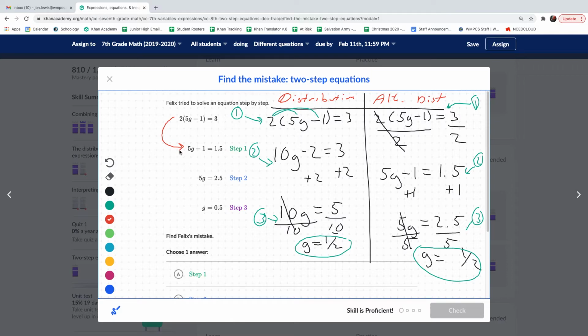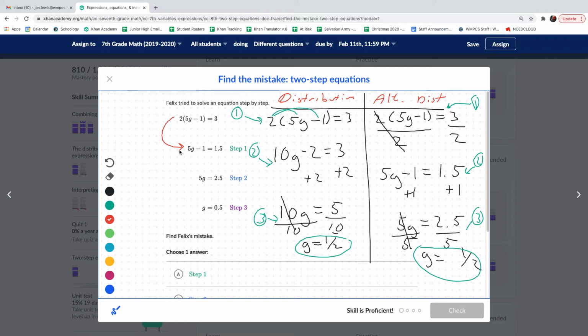And if we look at what we've done, he does do that. Notice his step, when he was doing the alternate, he got 5G take away 1 equals 1.5. Now, they didn't show all the work that I did, but that step is correct. So he did the alternate.